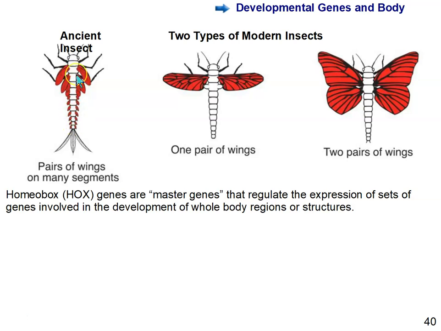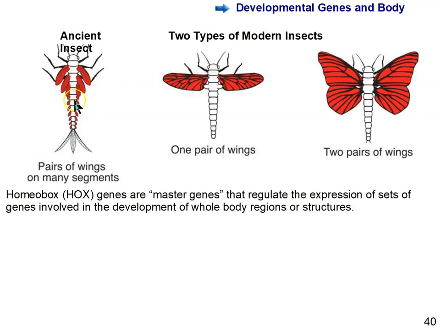Then a mutation in the Hox genes caused the wings to no longer form in all the segments, but only in one or two segments. This is the region of the body known as the thorax, and that's typically where wings develop in insects today.